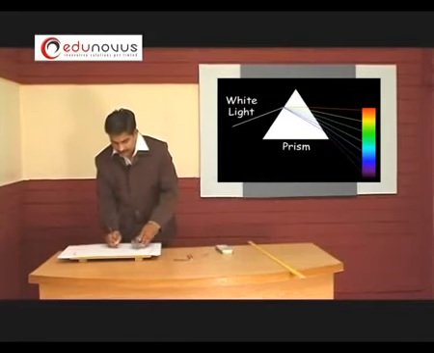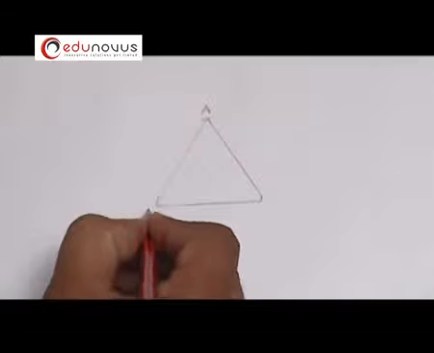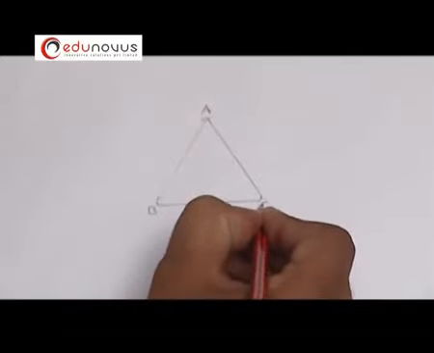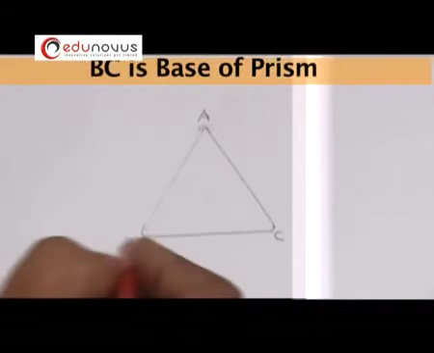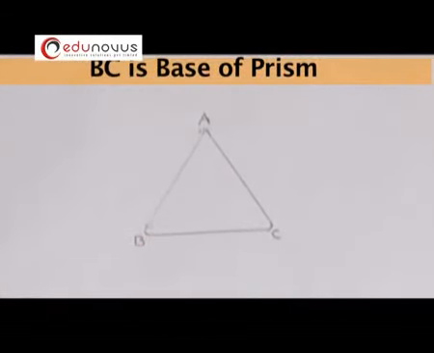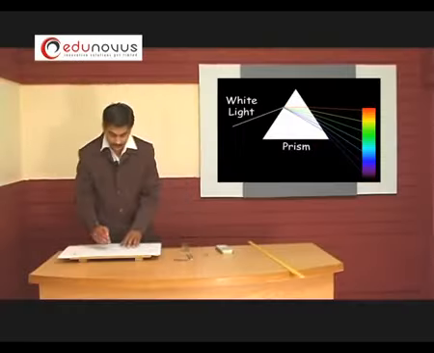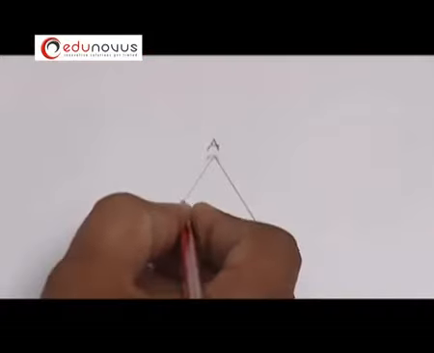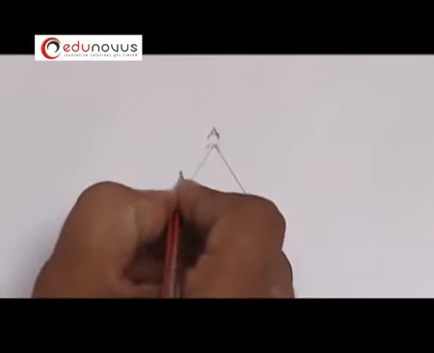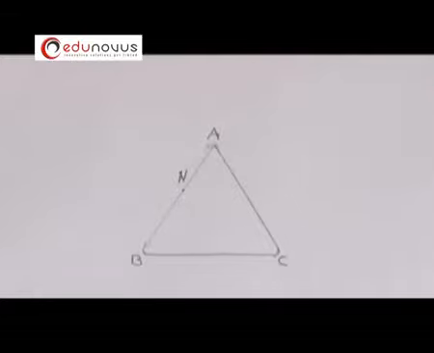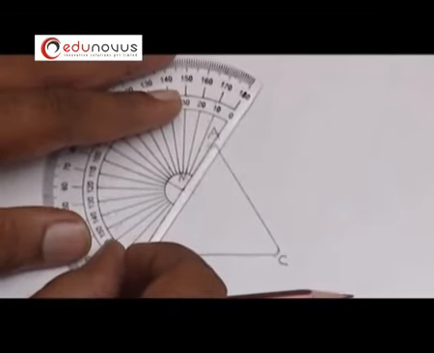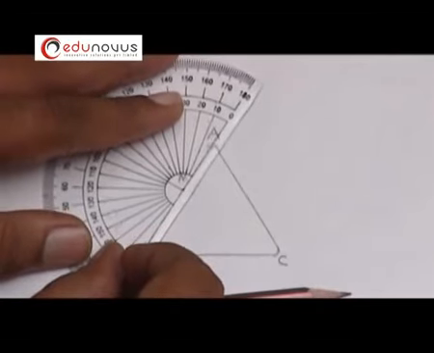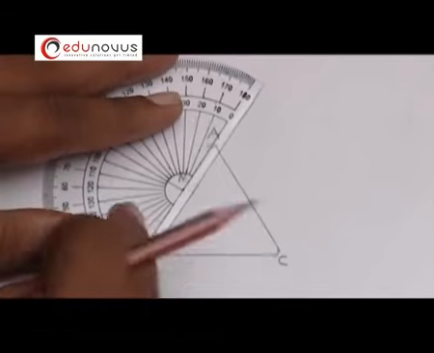Name the three faces. AB and AC are refracting faces and BC is the base of the prism. Consider a point N on the face AB and draw a normal MN with the help of a protractor for the face AB.